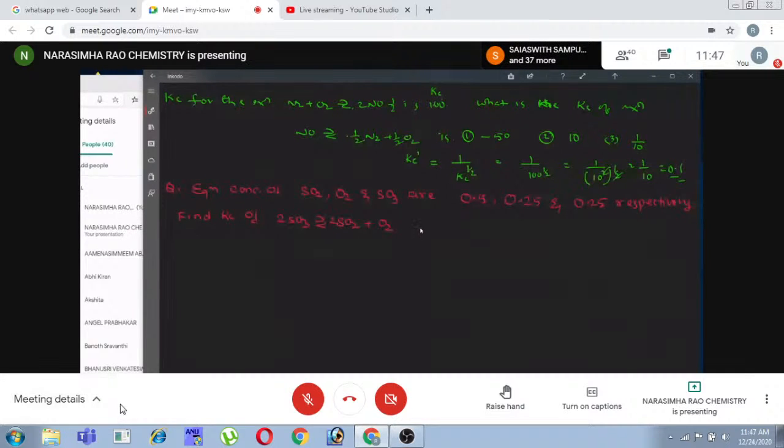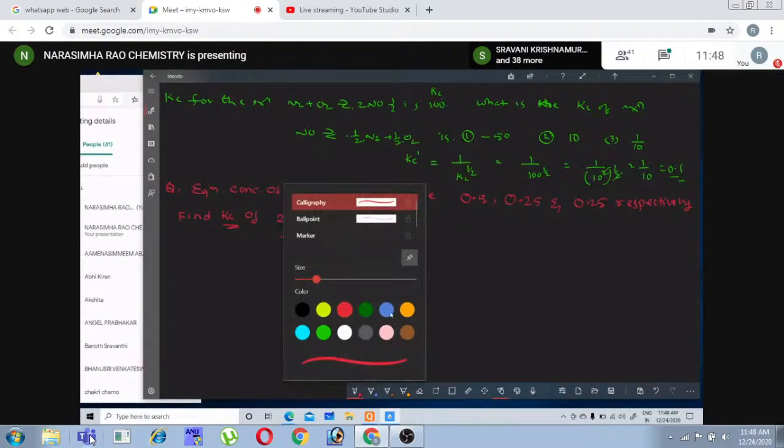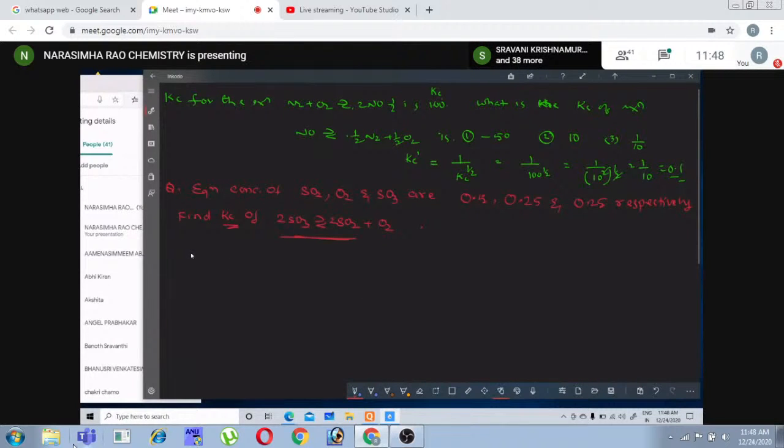Okay. For this reaction, what do you have to find out? We have to find out Kc. How to solve the Kc value? Okay, my answer: Kc is equal to the active mass of sulfur dioxide, with its stoichiometric coefficient as the power according to the law of mass action, times O2 upon SO3 whole square.